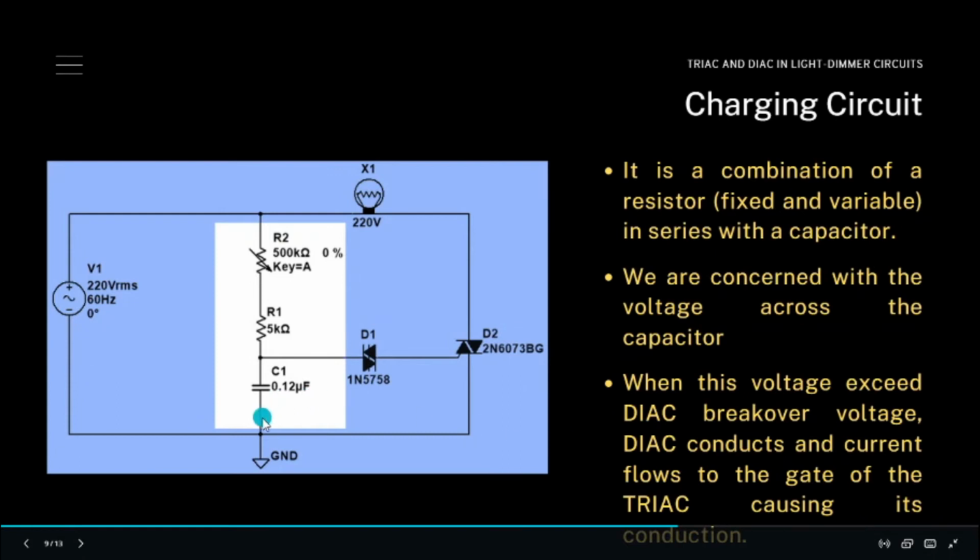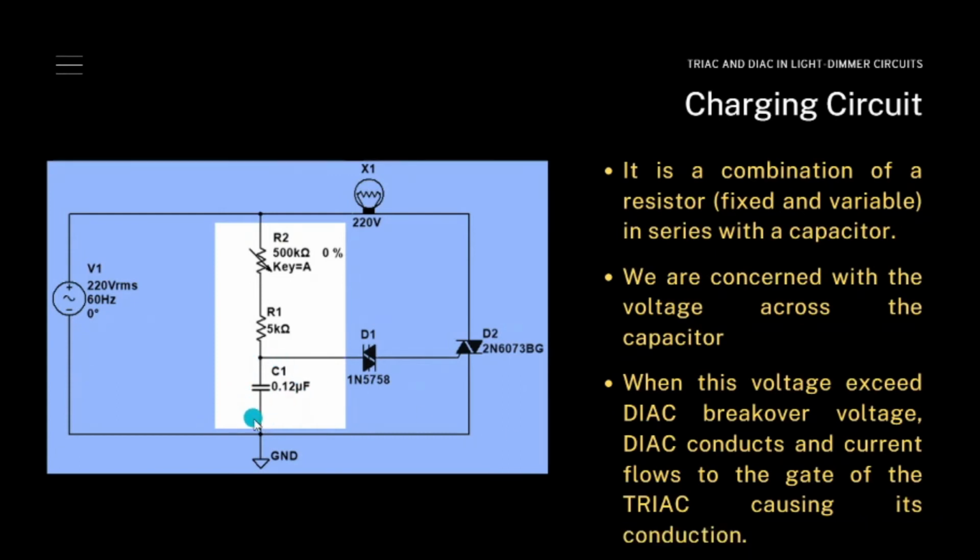Once the capacitor reaches the breakover voltage of the DIAC, this turns on, so close ang switch, current will flow to the gate, there will be trigger current to our TRIAC, this TRIAC will now close yung switch. And that's the time mag-flow yung kuryente, thereby turning on our lamp. So that's basically yung nangyayari dito, the domino effect.